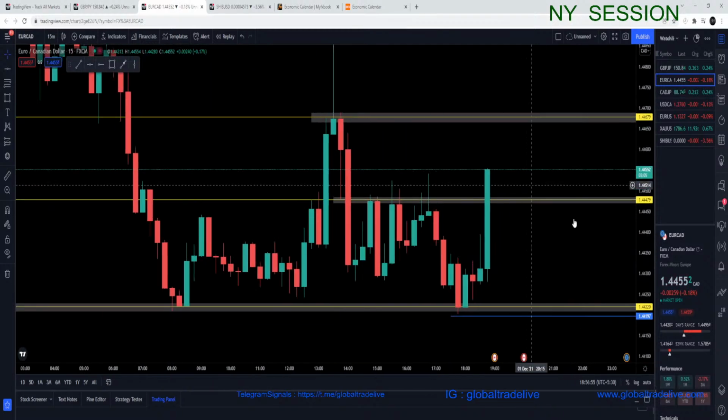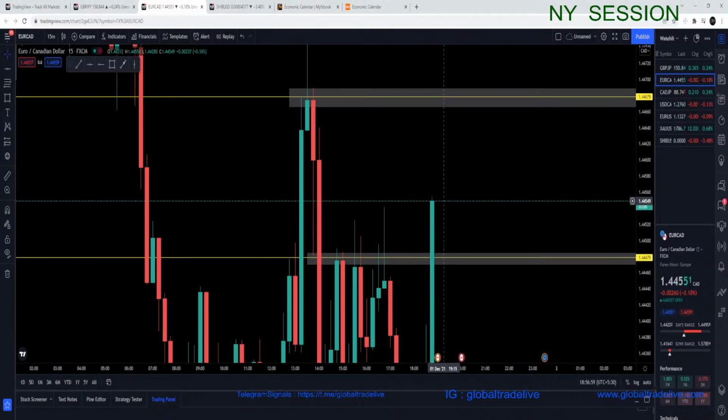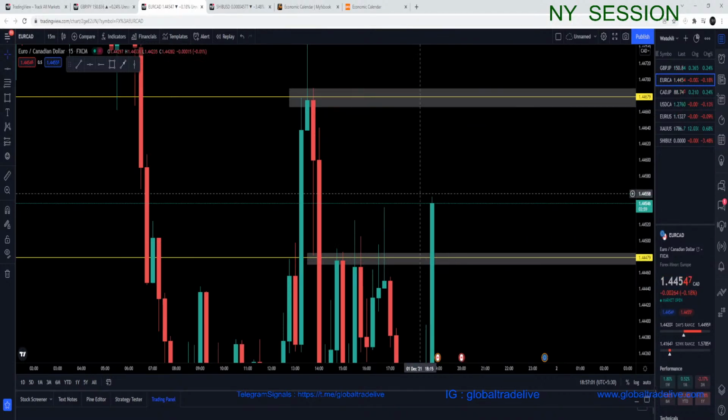So let's see if this candle gives us a chance to take a trade or not.